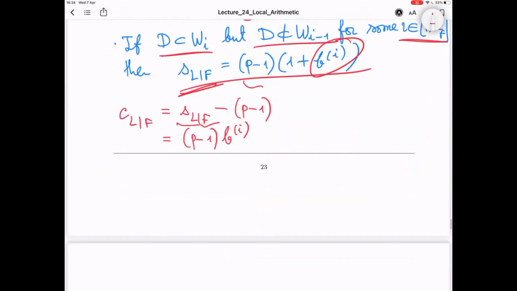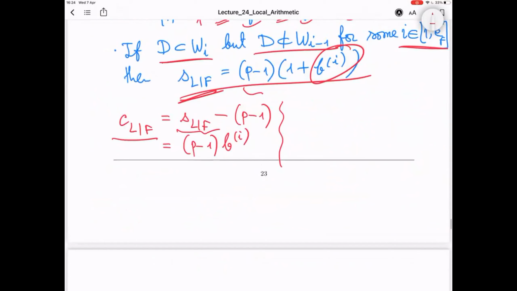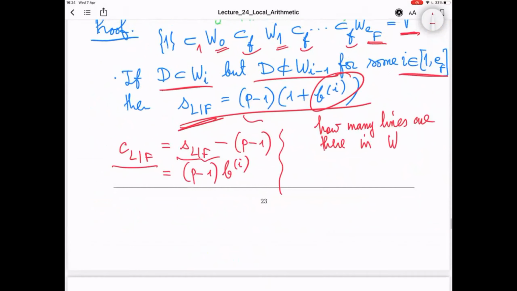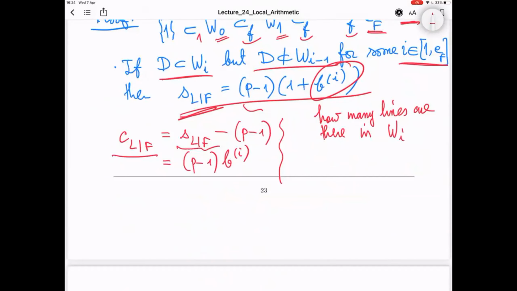Well, that is one thing. So not only do you need to know this exponent C of L over F, but you need to know how many lines there are in Wi which are not in Wi minus 1.